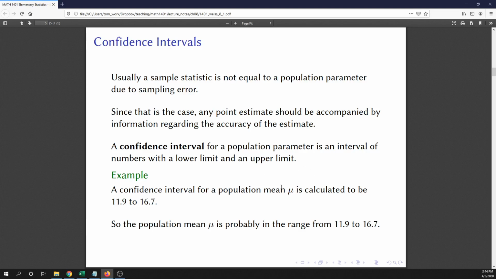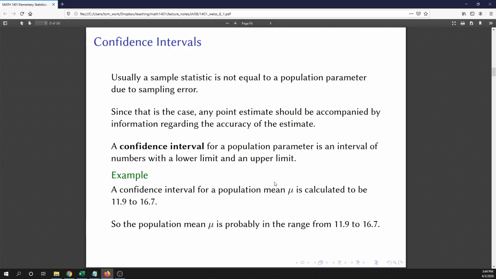Just as an example, say I have a confidence interval for a population mean, mu, that is calculated to be 11.9 to 16.7. Now, don't focus on how I got these numbers. I just made them up. I'll show you in a minute how to construct these confidence intervals. A point estimate is where you would just say this was the sample mean, or whatever number.